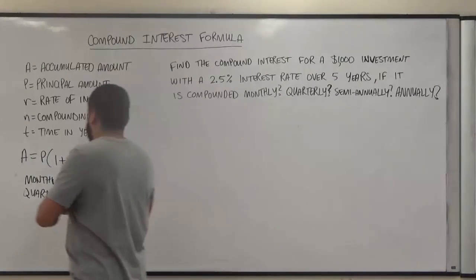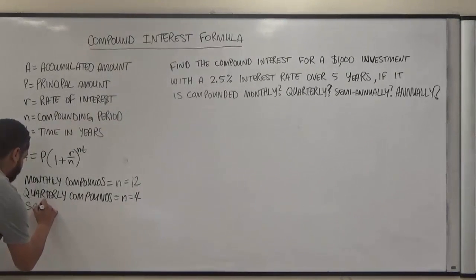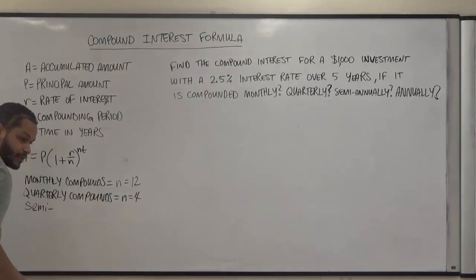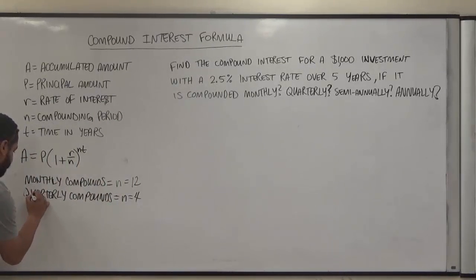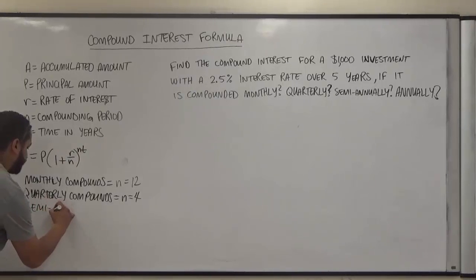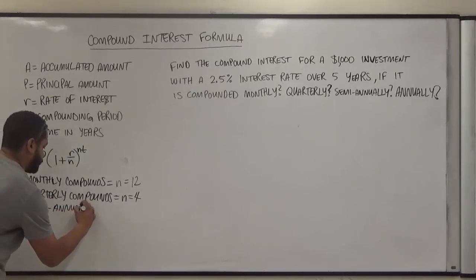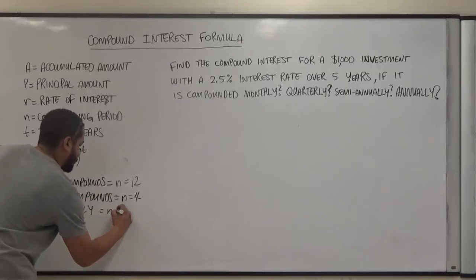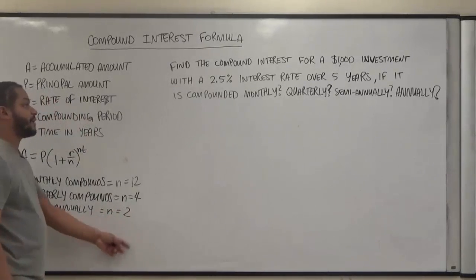Now for semi-annually, for semi-annual compounds, it's very similar to quarterly. Semi-annually means every half year. So this represents 2 compounds.